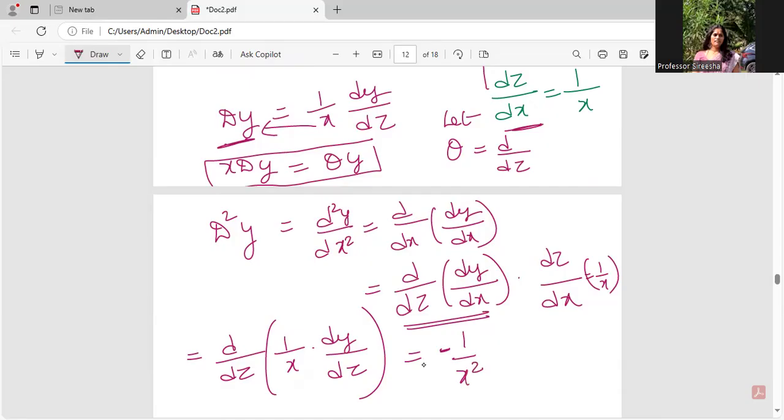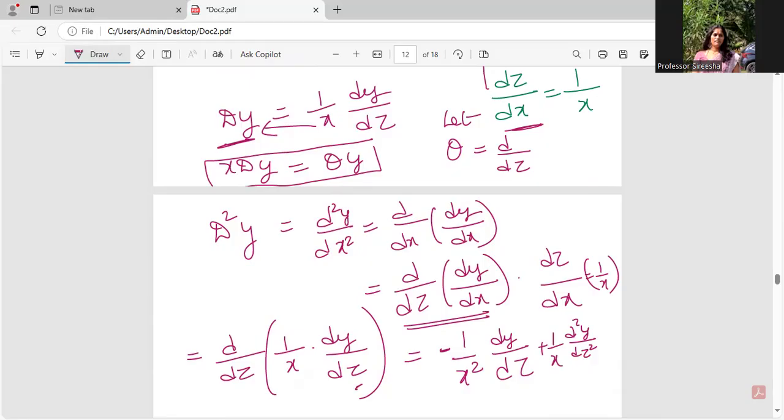This would be as it is, dy by dz, plus 1 by x as it is. Now this one I'll be differentiating. What I'll be getting is d square y by dz square.